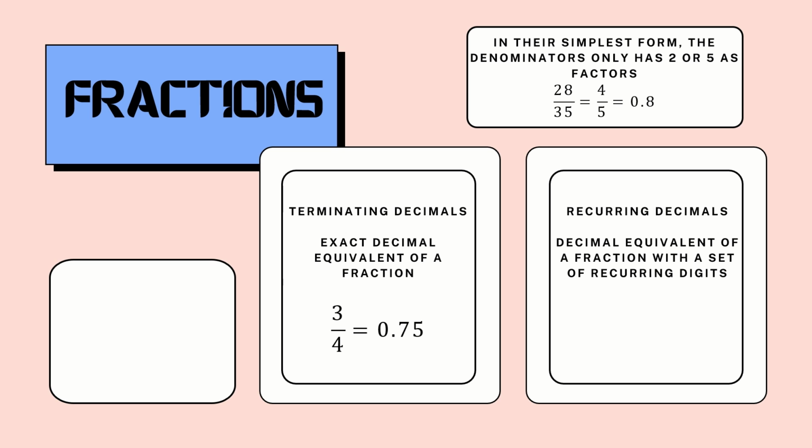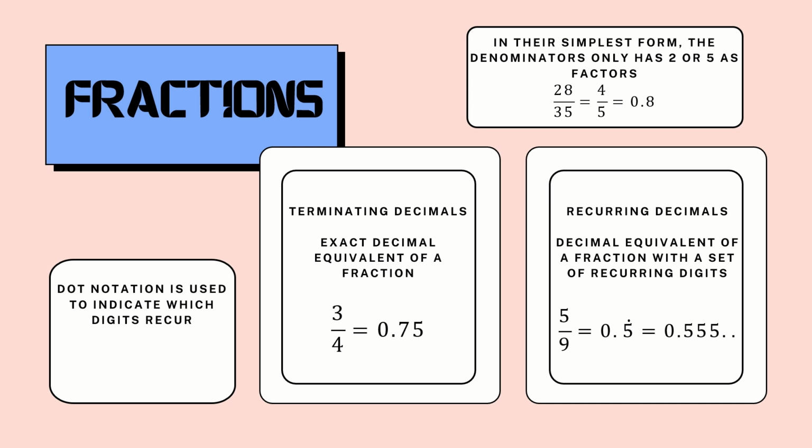Recurring decimals are the decimal equivalent of a fraction with a set of recurring digits. So the digits get repeated over and over again. For example, 5 per 9 equals 0.555, with 5s continuing with no end.